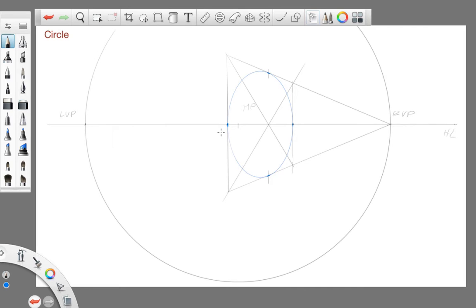Here's the proof of it. That's very true. Also, another thing I would like to point out, this rectangle, as I mentioned before, is 50-50 above and below the horizon line, so it's centered on it. You see that the circle is vertical. Keep that in mind for the moment because that's going to be important for the next step.